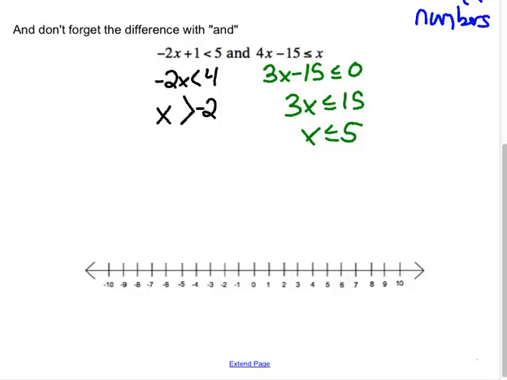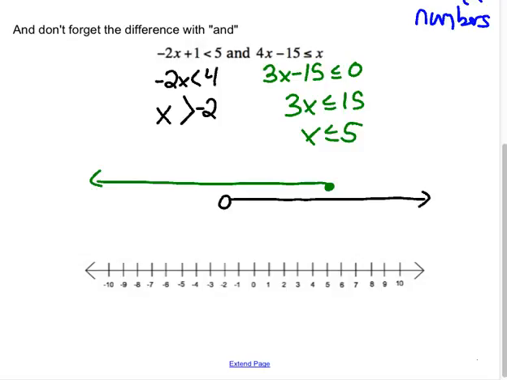So here, x is greater than negative 2, and x is less than or equal to 5, and this is an "and," so remember "and" in this case means overlap. So "or" means everything, "and" means overlap.